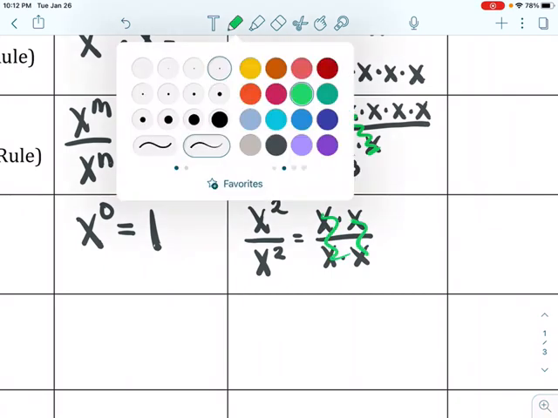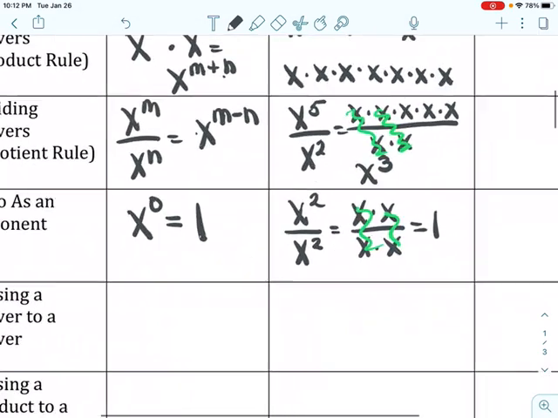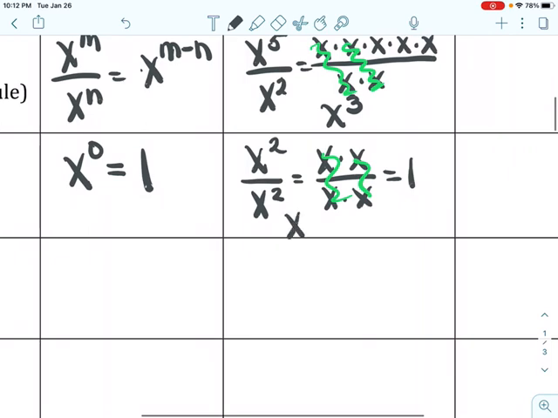We know that's equal to 1. But according to the division rule, this is going to mean subtraction. So 2 minus 2 is equal to x to the 0. So x to the 0 is actually 1.